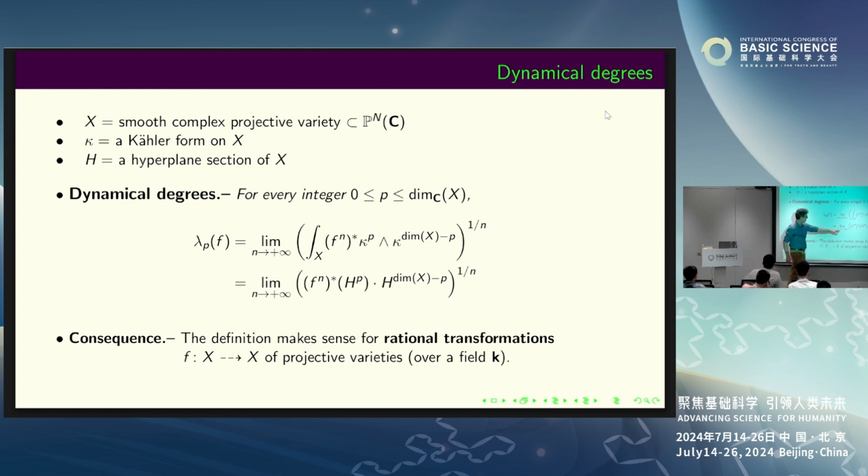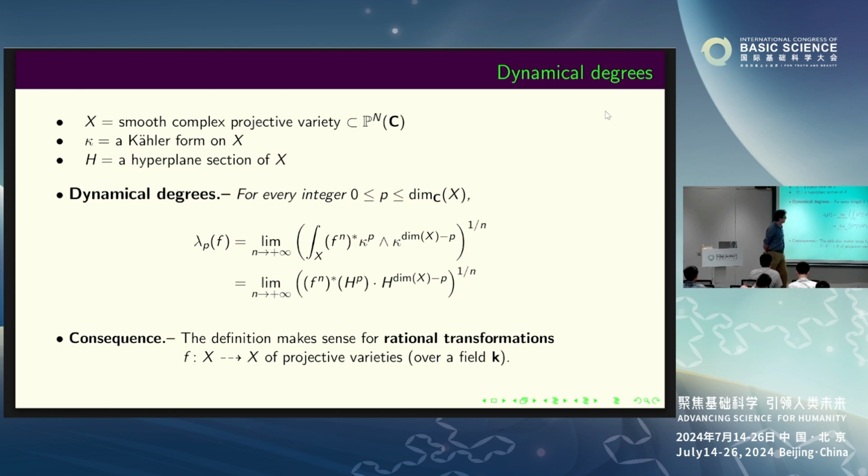You iterate n times, and you want to compute the degree of this algebraic subset of X. So you intersect with other hyperplane sections, and the number of them is the codimension of this. So this is the type of intersection that you need to do to compute the dynamical degree. In fact, then you have to take the nth root and you take the limit.